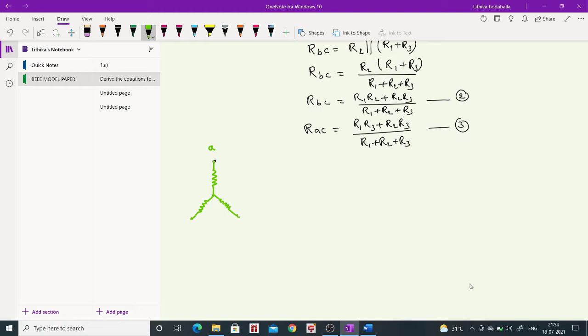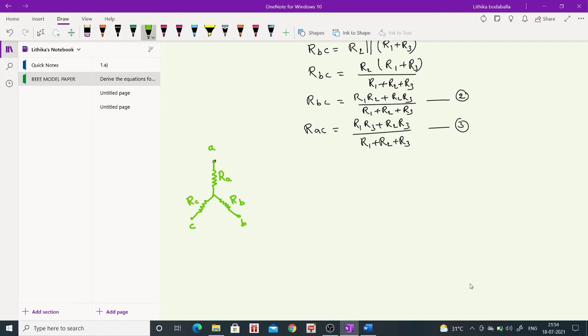This is A node, this is B node, and this is C node. I am taking the clockwise direction. Now I am assuming the equivalent resistances when converted from delta to star as RA, RB, and RC.